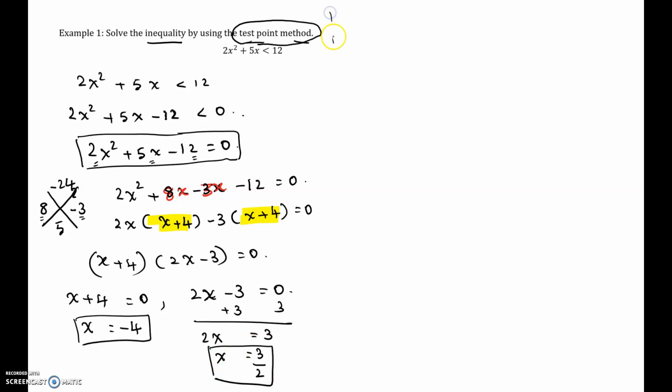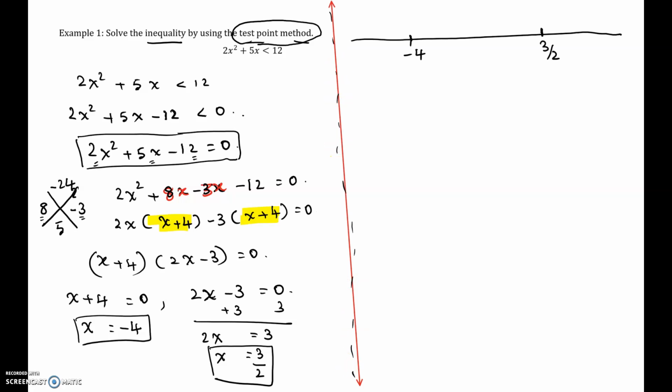For the next part, we are going to divide the number line into 3 parts using these two numbers, negative 4 and 3/2. So approximately place negative 4 and 3/2 on the number line in order. The negative number comes first, below the positive number, and then you have negative infinity at one end and positive infinity at the other end.